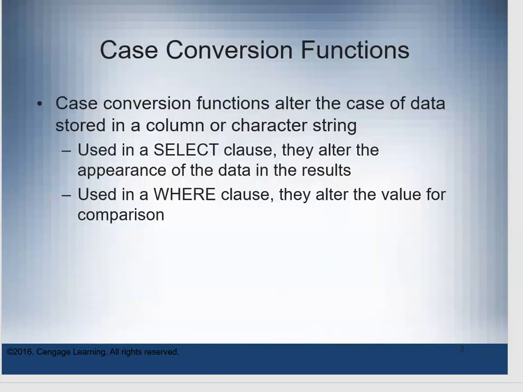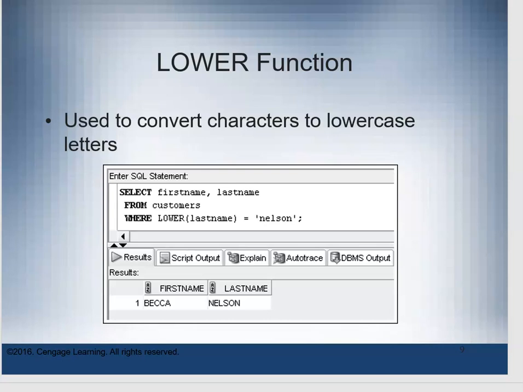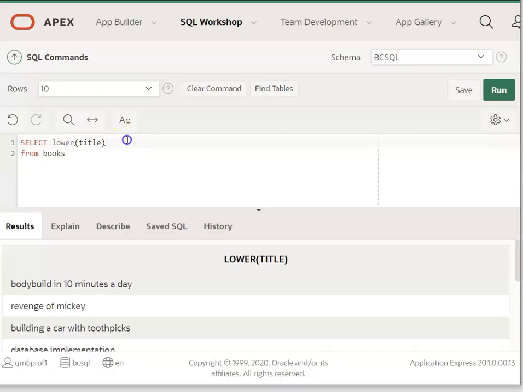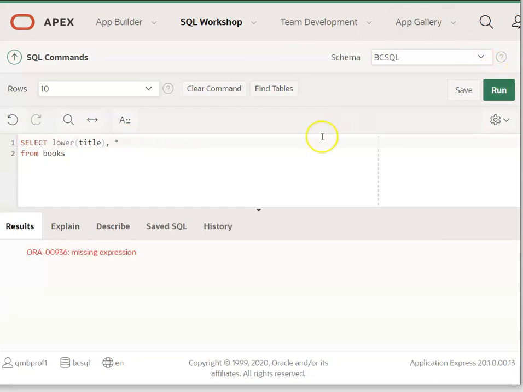So the first will be case conversion, and that's just making things uppercase, lowercase, or init cap. So let's just do one example with all of these, and I want you to type yours as I do mine. So I'm just going to put a star in there just to see what I can pull back here to modify. Let's change this to customers.